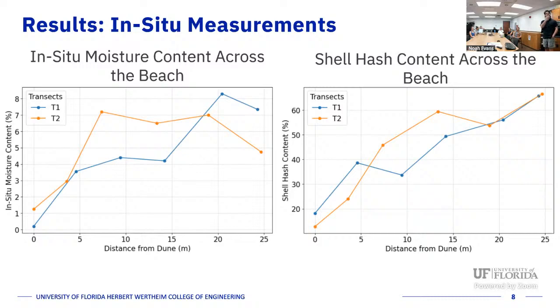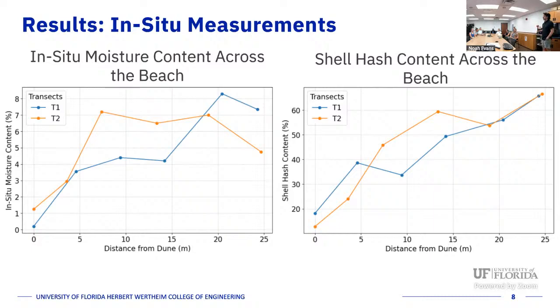Starting at the dune at 0 and going towards the water line, that's closer to 25, we saw a general increase in moisture content pretty much all the way down the beach, until we hit about 5 meters from the water, where we actually saw a decrease in the moisture content, which was a little puzzling to us at first, because that's not what you would typically expect, right? As you get closer to the water, you'd expect your water content would increase when you're measuring it, which we'll get into a little bit later.